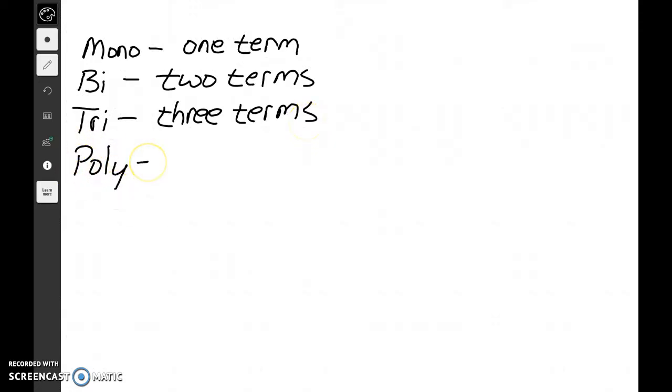Now, a polynomial represents any number of terms. Let's write that out. Any number of terms. So keep in mind that a polynomial could be a monomial, a binomial, or a trinomial. It could even have 4 terms, 5 terms, 6 terms, 7 terms, 8 terms, so on and so forth. So keep in mind that a polynomial is any amount of terms.